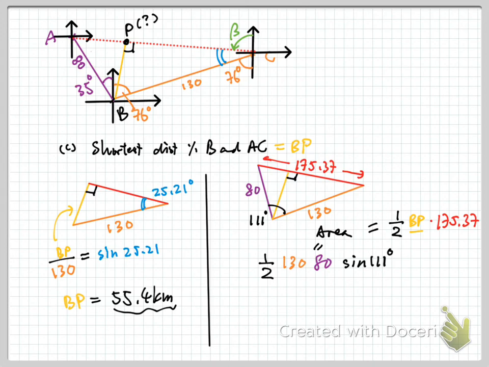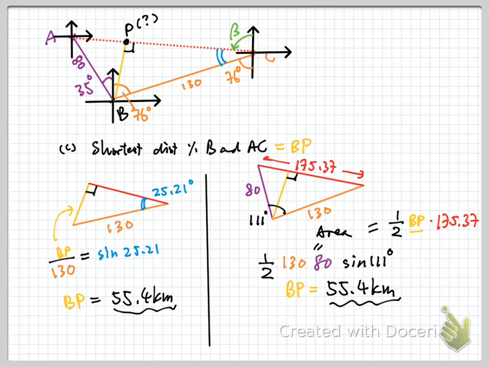So using the area as a connector, we can connect the area in one approach and the area in the other approach to find the only unknown BP in the question. Let me punch it on the calculator. The BP is also 55.4 kilometers.